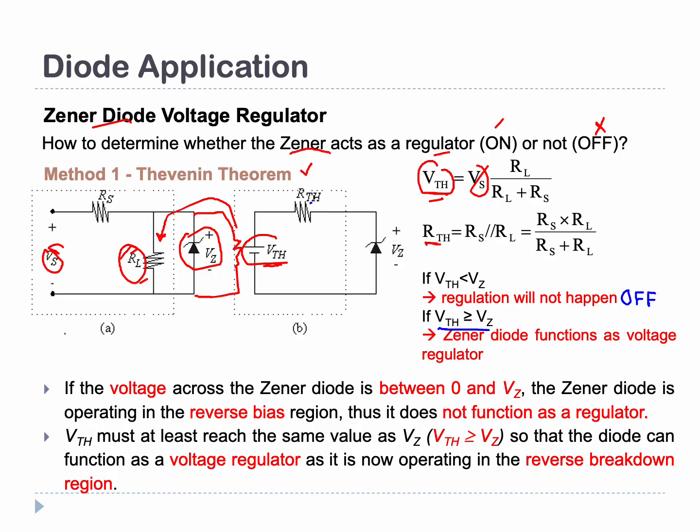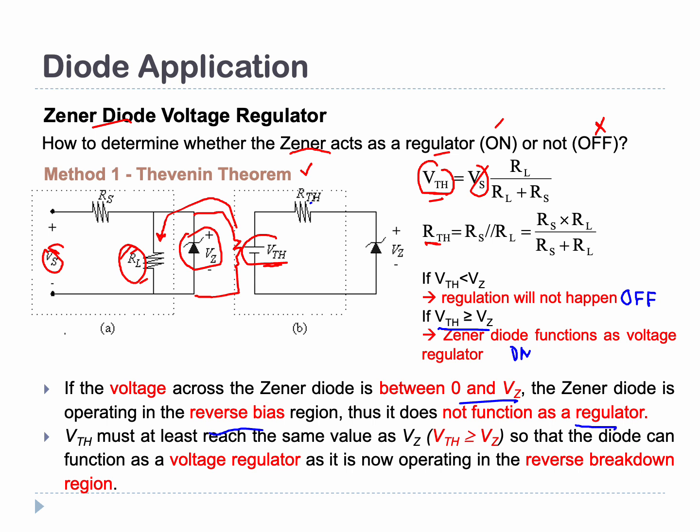In this case our Zener diode functions as a voltage regulator, or in other words, it is in an on state. If the voltage across the Zener diode is between 0 and VZ, the Zener diode is operating in reverse bias, thus it does not function as a regulator.